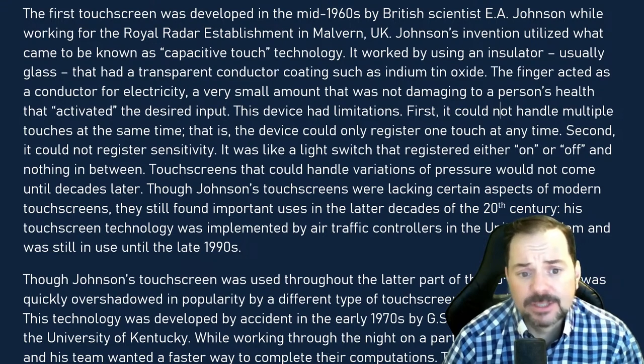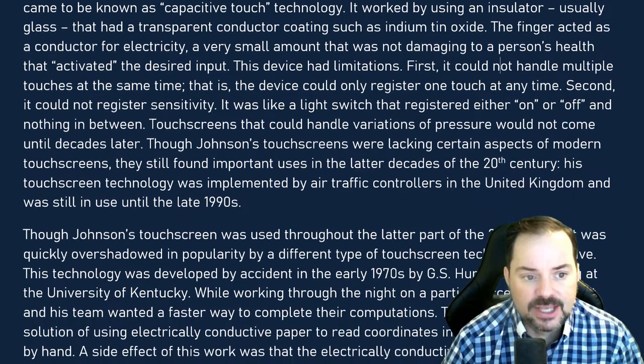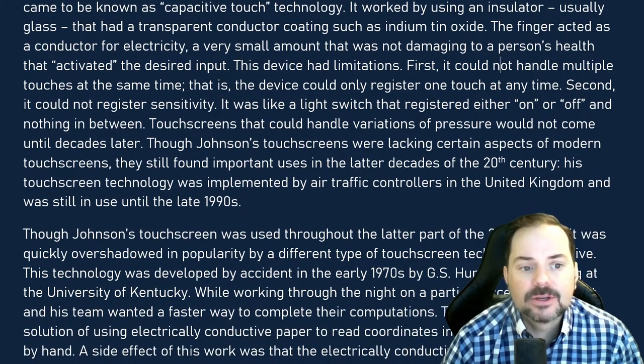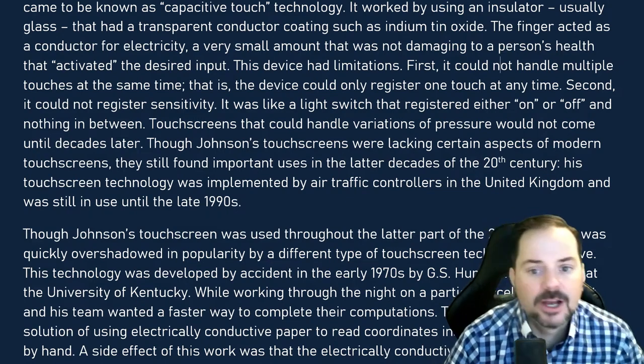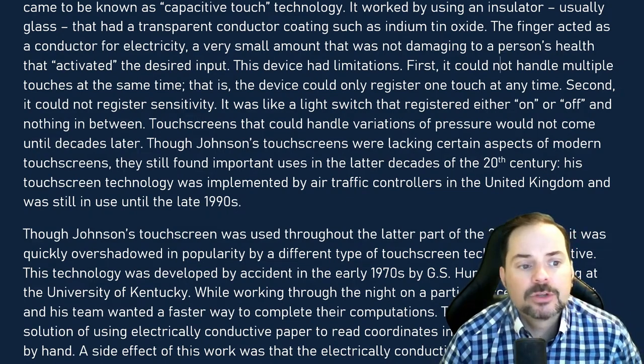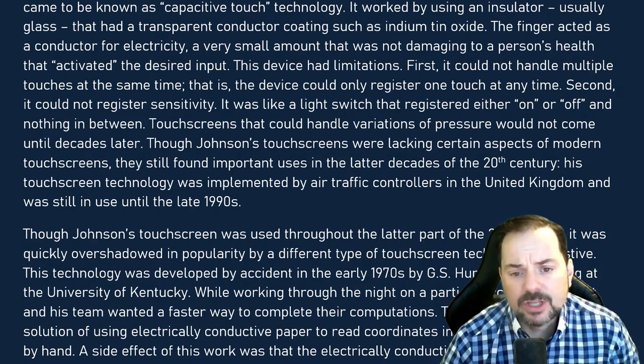This device had limitations. First, it could not handle multiple touches at the same time. That is, the device could only register one touch at a time. Second, it could not register sensitivity. It was like a light switch that registered either on or off, and nothing in between.